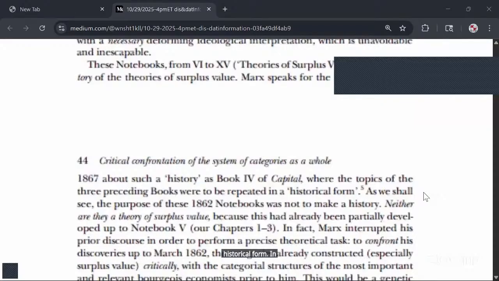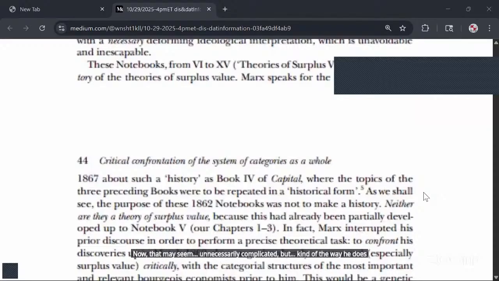In other words, it's possible to view Capital, the text, as volume 1, volume 2, volume 3, and then the putative volume 4 is kind of the history of the theoretical elements represented in 1, 2, and 3. Now, that may seem unnecessarily complicated, but it's kind of the way he does it.